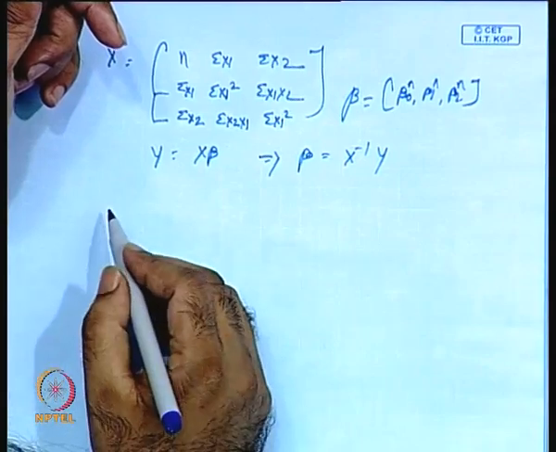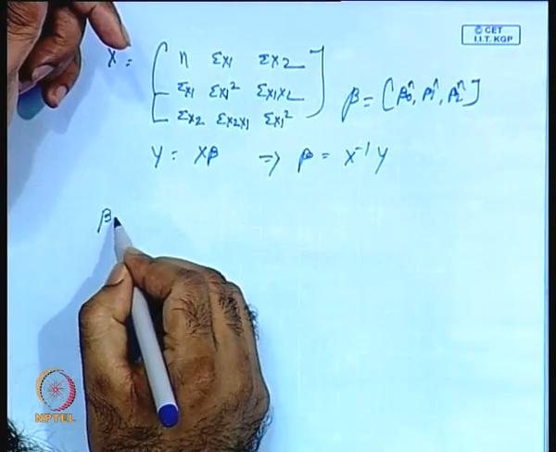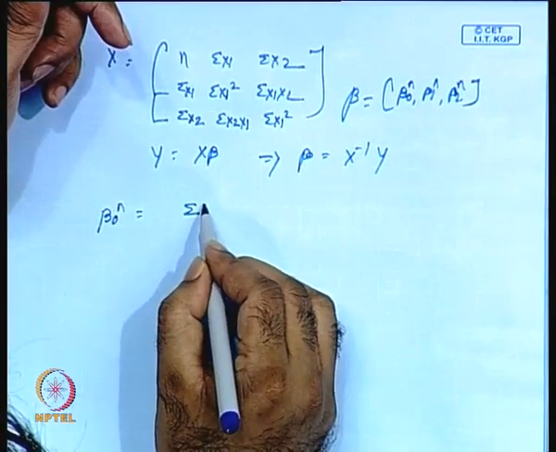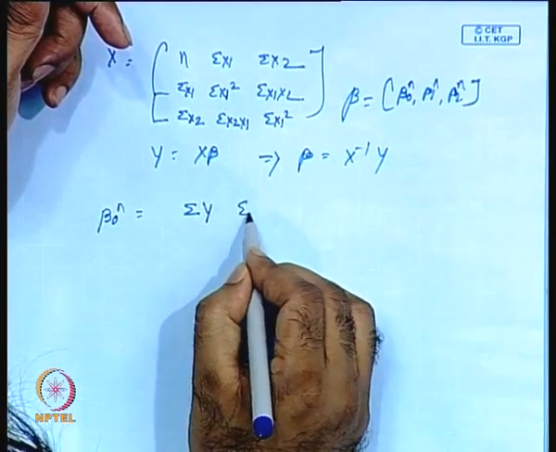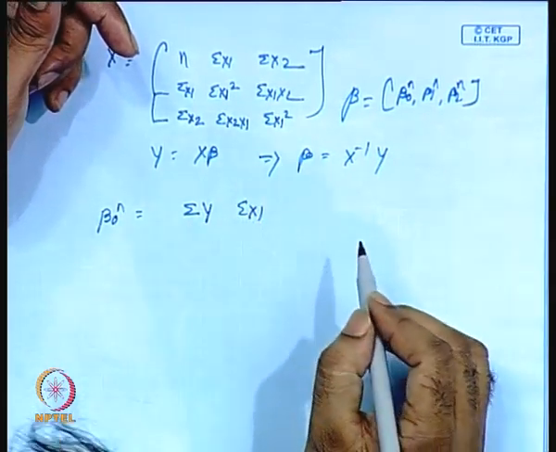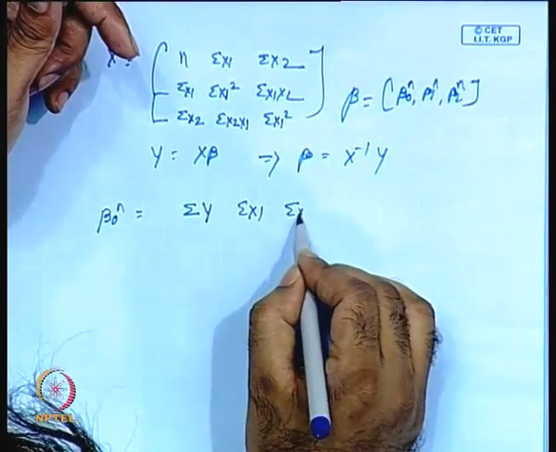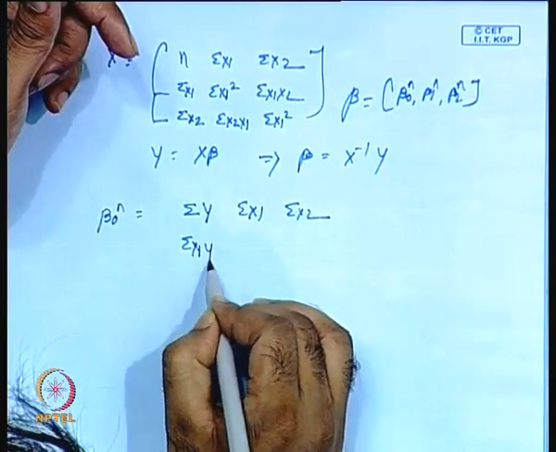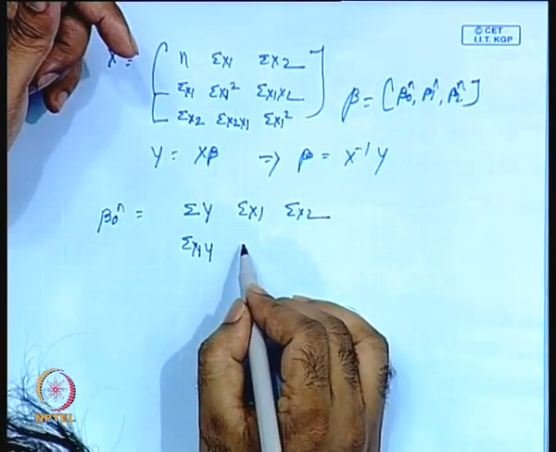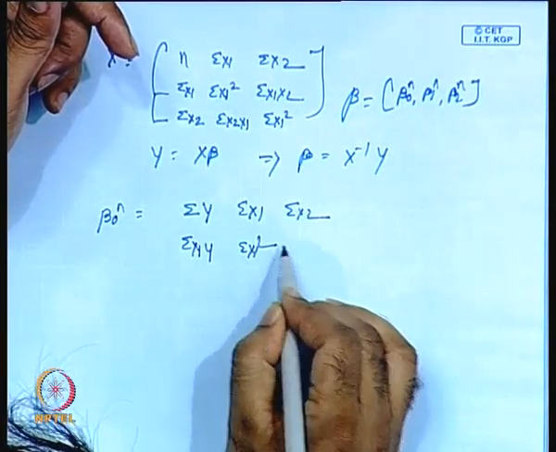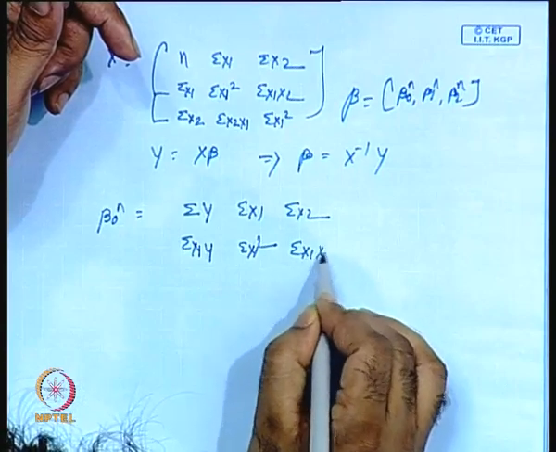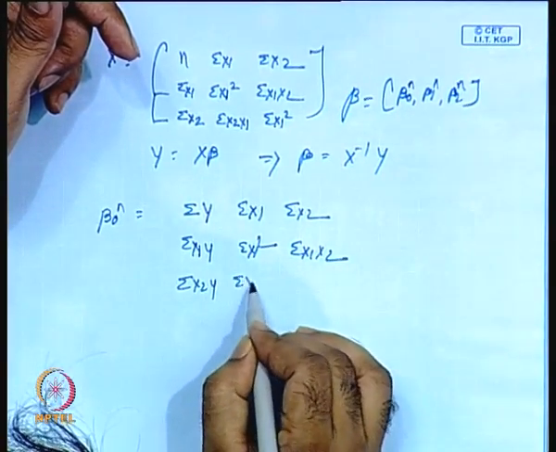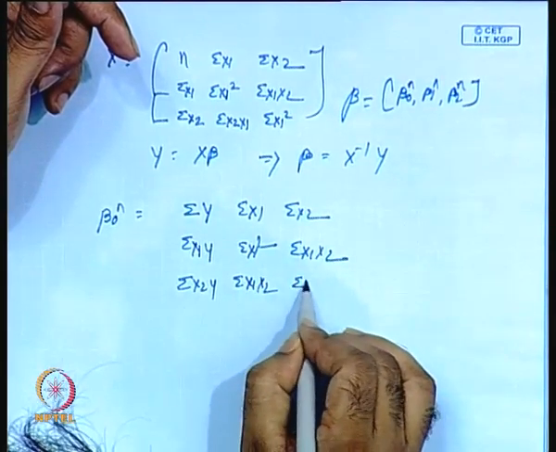So now if I simplify, then I will get beta 0 head equal to the matrix: summation y, summation x1, summation x2, then summation x1 y, summation x1 squares, summation x1 x2, then summation x2 y, summation x1 x2, summation x2 squares.